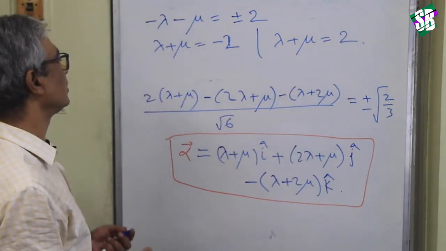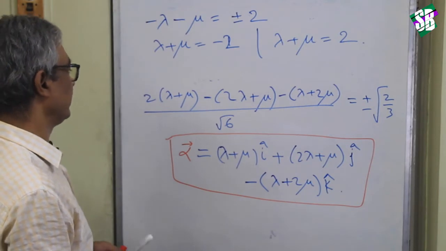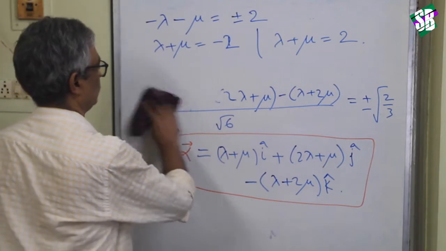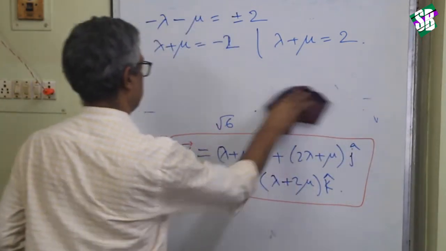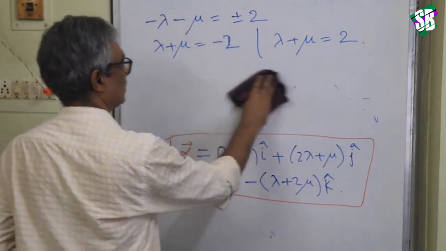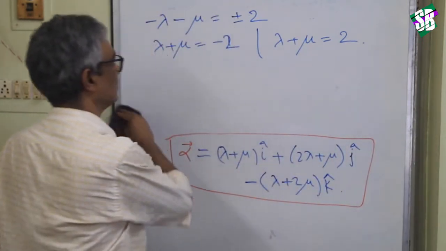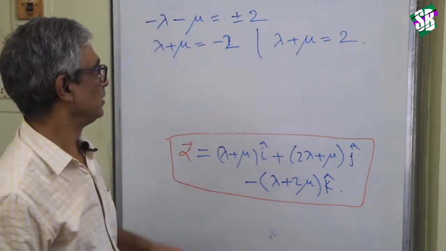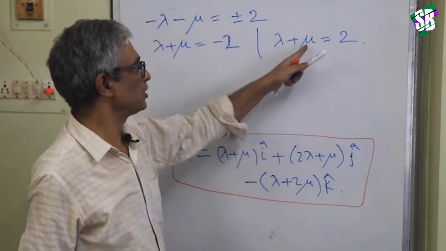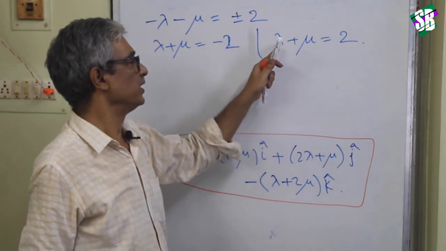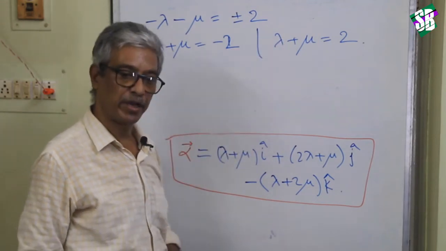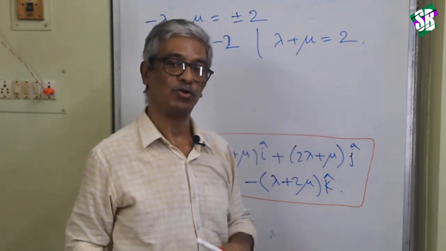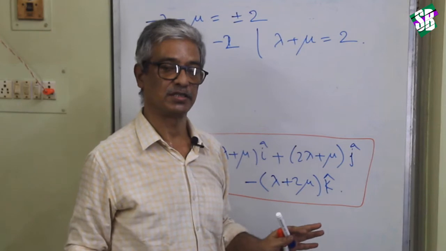Start with any one of the cases. Suppose you take lambda plus mu equal to 2. There are infinitely many lambda and mu for which lambda plus mu equals 2, so you have infinitely many answers.